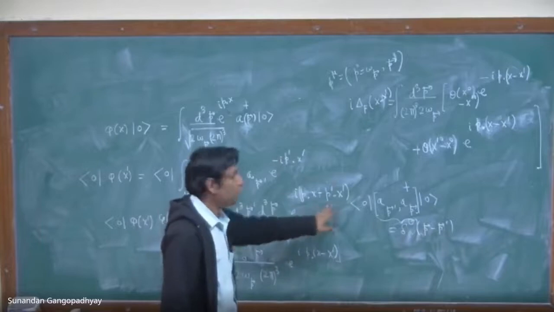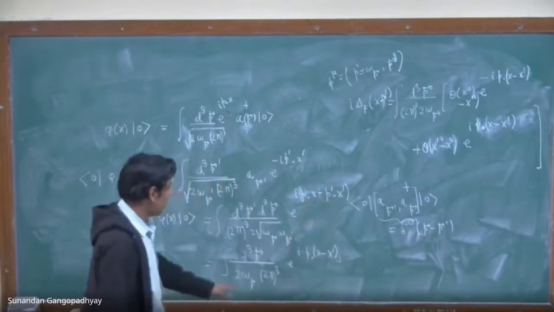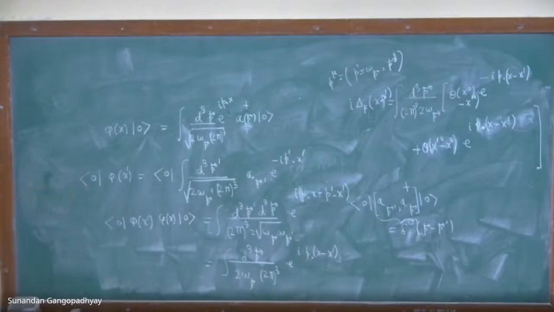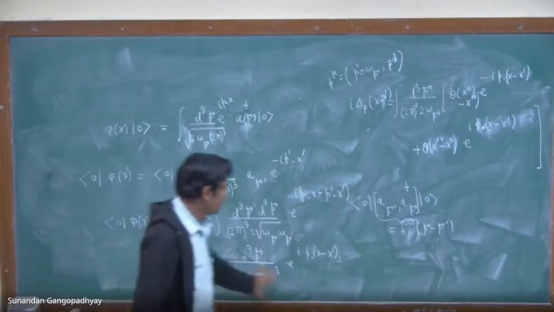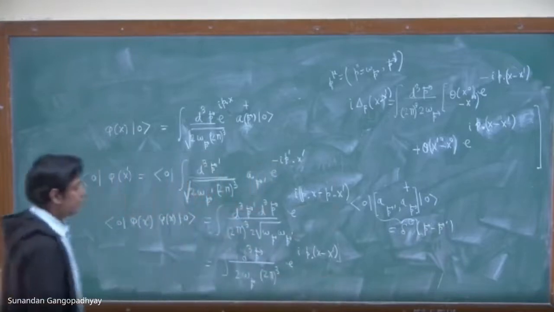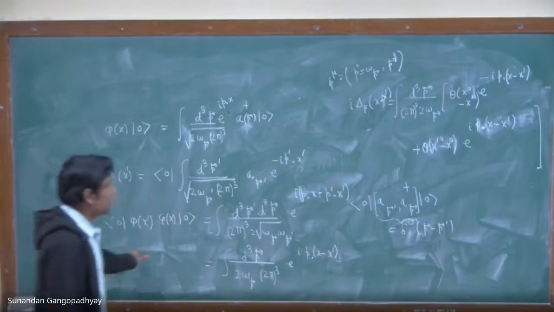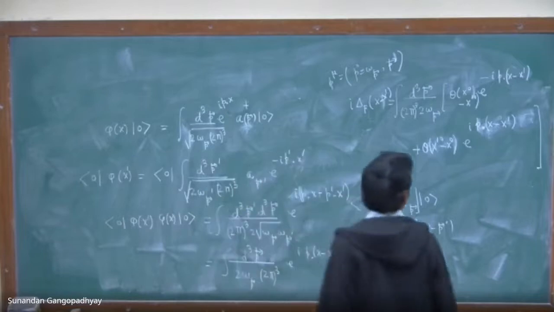And now you can write down the other expression also, simply by interchanging x and x′. So this ⟨0|φ(x′)φ(x)|0⟩. What I'm doing is just swapping x and x′.